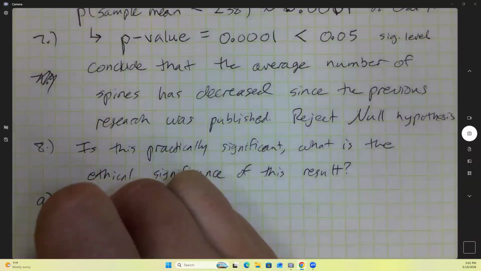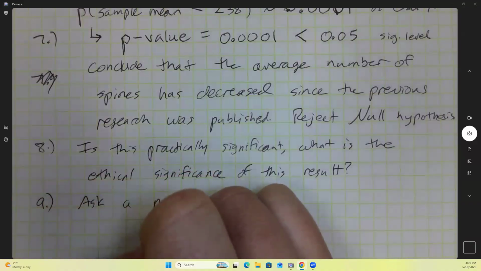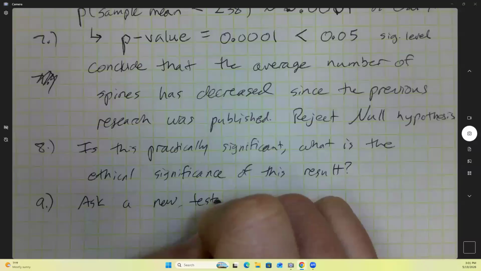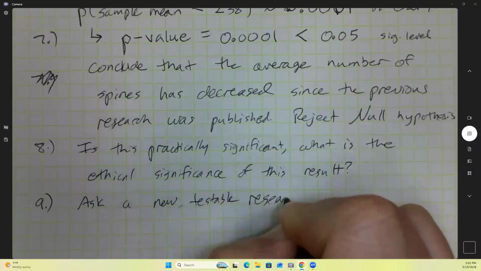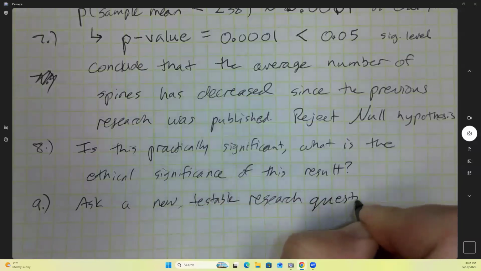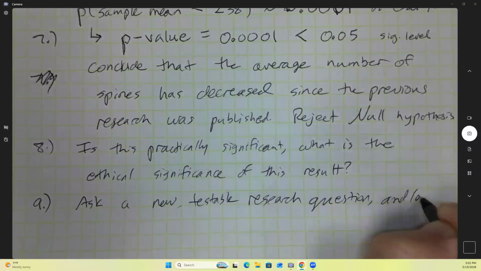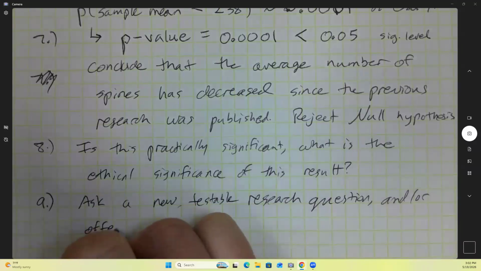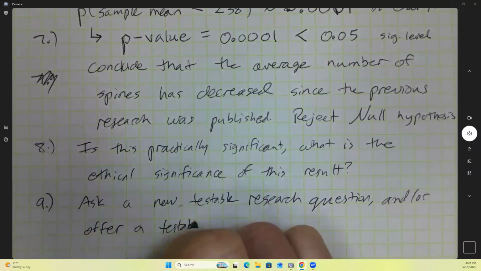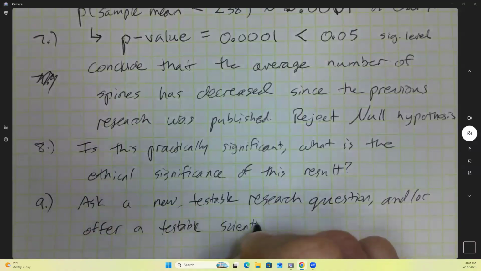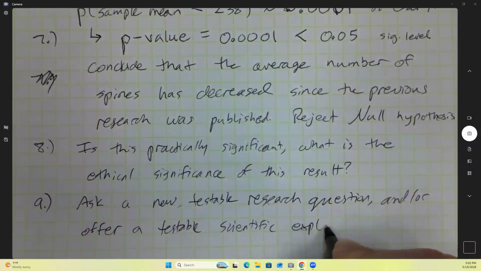Ask a new testable research question, and/or offer a testable scientific explanation.